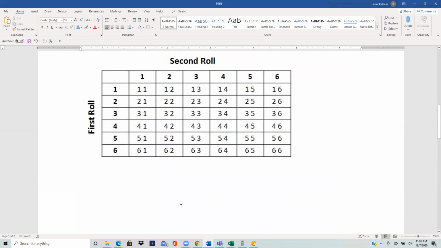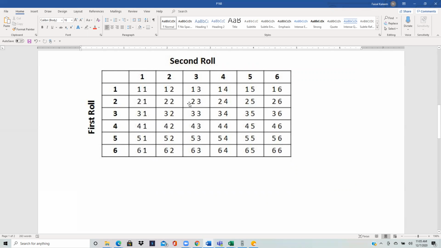For example, out of these 36 points, there are 18 points where the sum is odd. So like 1 2, 1 4, 1 6, and like 2 1, 2 3, 2 5, and so on. You'll find 18 points where the sum is odd.